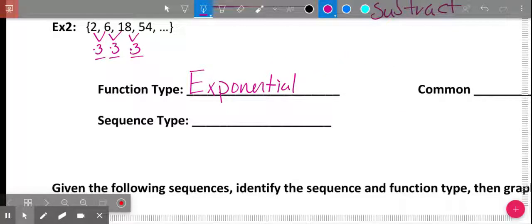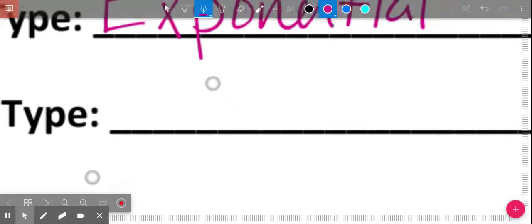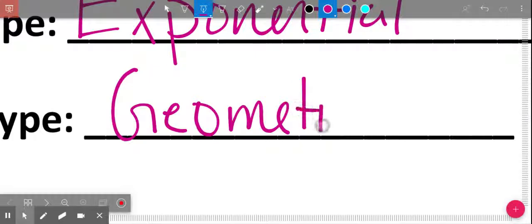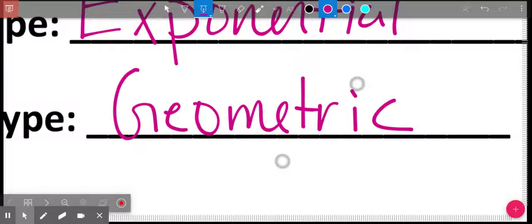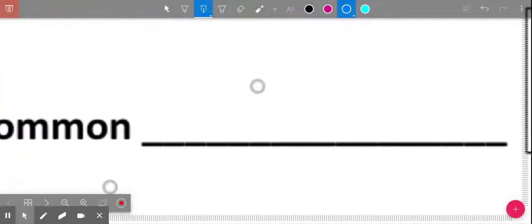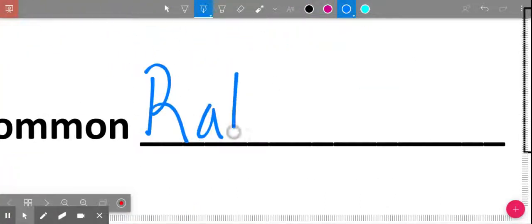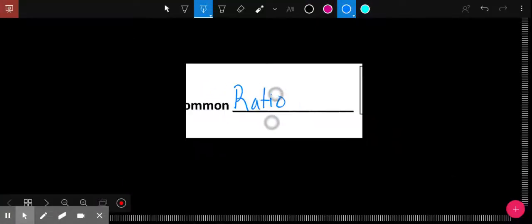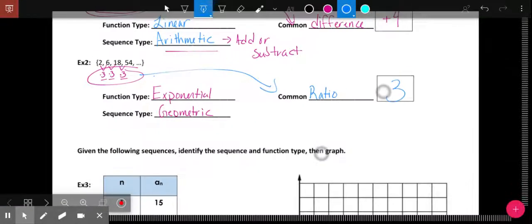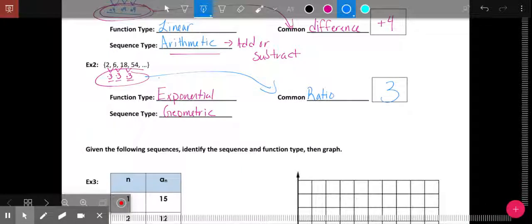And the specific type of sequence that goes with exponential is called geometric. Since we're multiplying by 3, what we're multiplying by is called our common ratio. What was our common ratio? We were multiplying by 3. So ratios go with geometric, differences go with arithmetic.